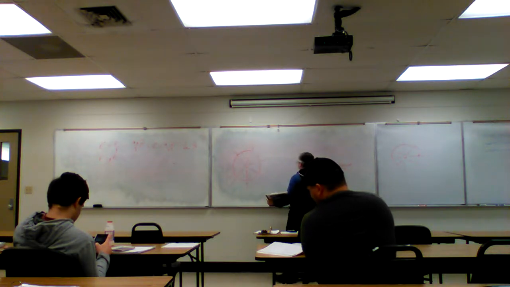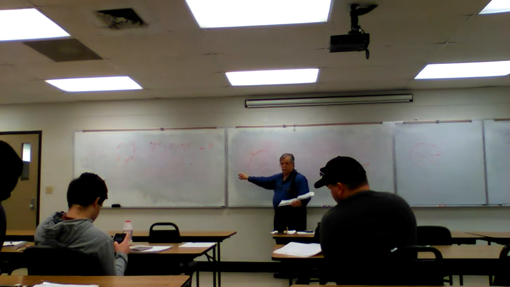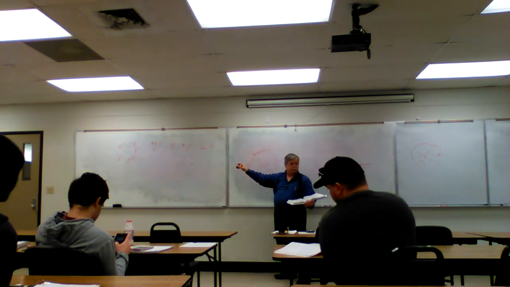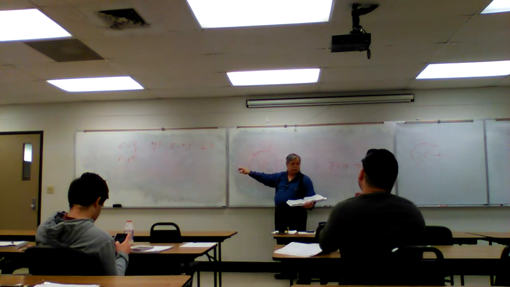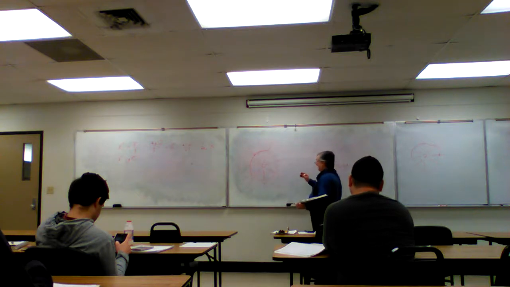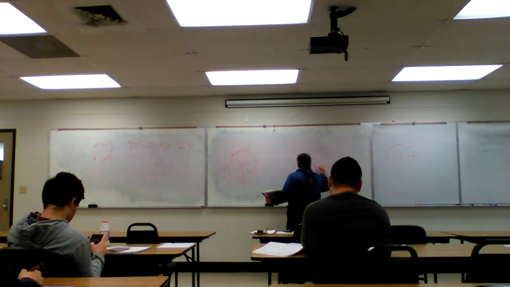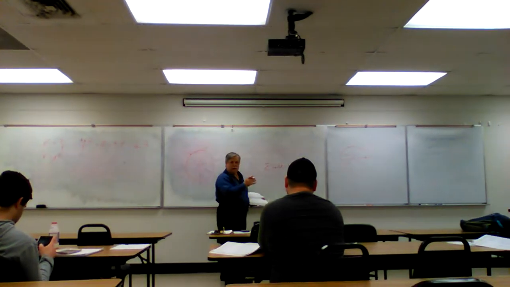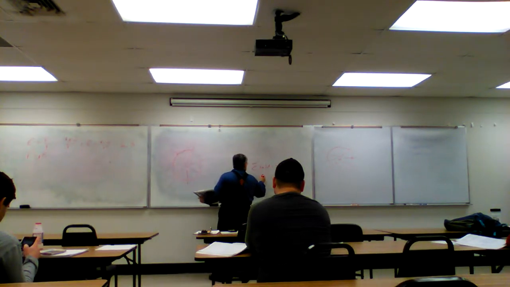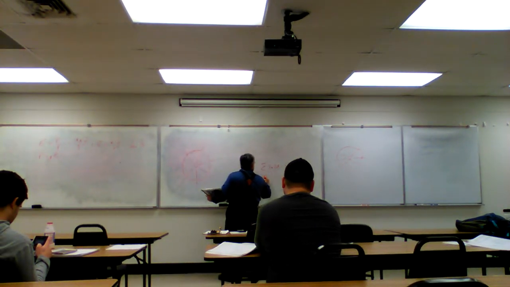So the E field everywhere on the surface is perpendicular. We know that the sum of all the little individual pieces of the total E field are going to be the total E field.